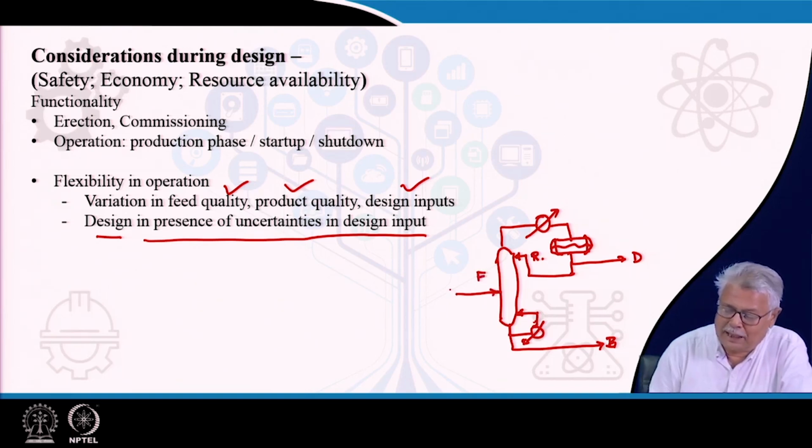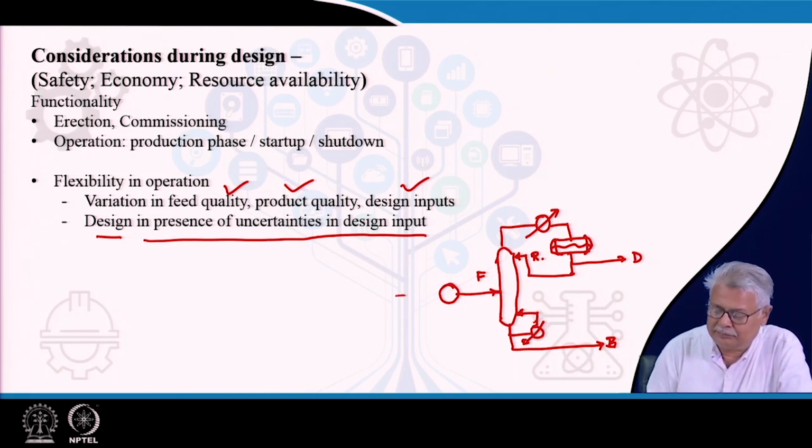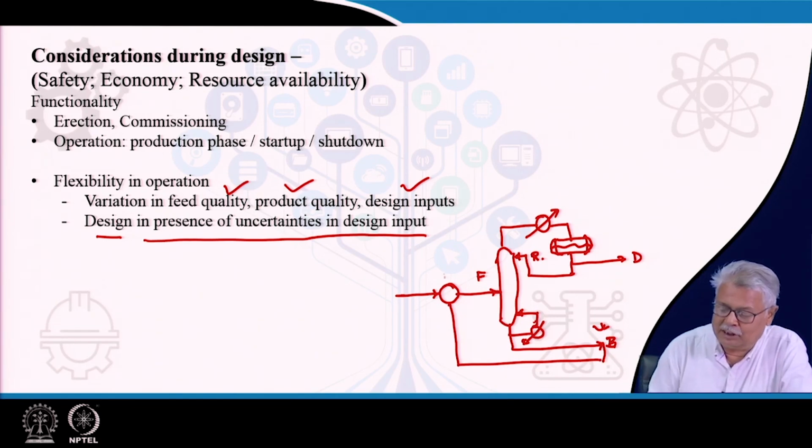Now, we have to have heating of my feed. That means the entire heating normally is not by the reboiler. The one reason which is there is basically the highest temperature in this system is here. The feed is at an intermediate temperature. So, what you normally will be having is a heat recovery scheme which will go like this.